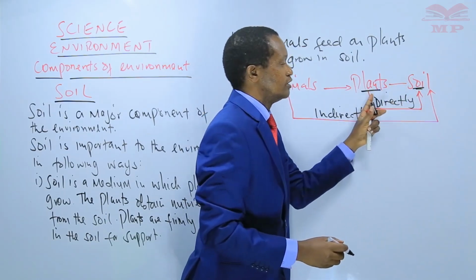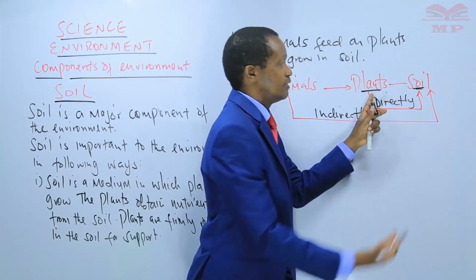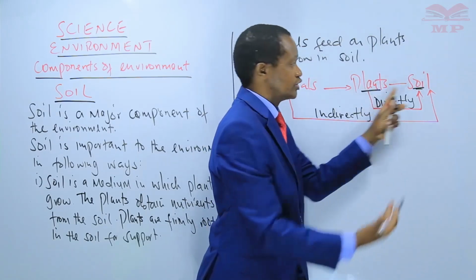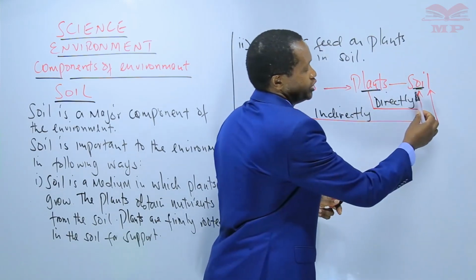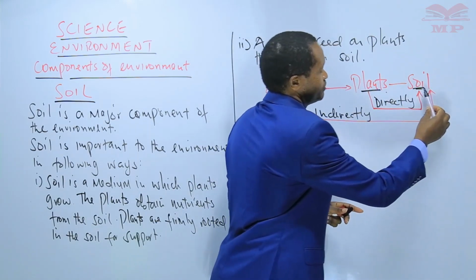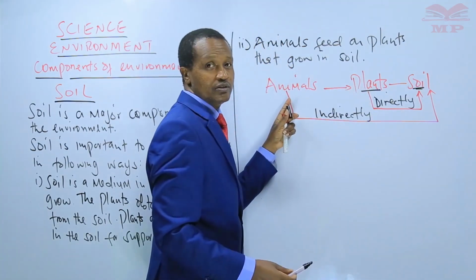Plants need soil for support, because plants are firmly rooted in the soil. They also get their nutrients from the soil. So if you do away with soil, then we will not have plants which are needed by animals.